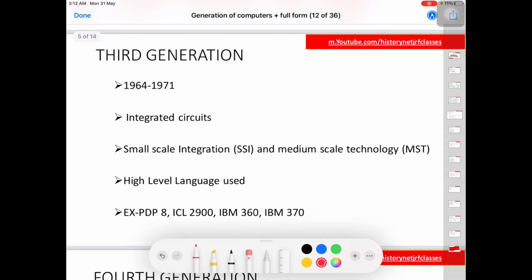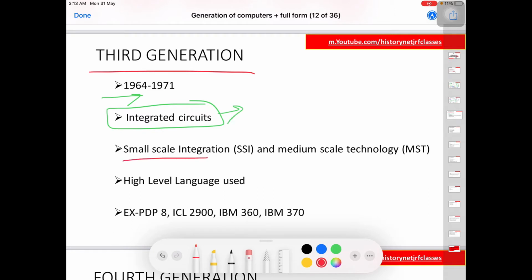Next we have the third generation. The timeline is from 1964 to 1971, and they use integrated circuits, for which small scale integration or medium scale integration technology is used.